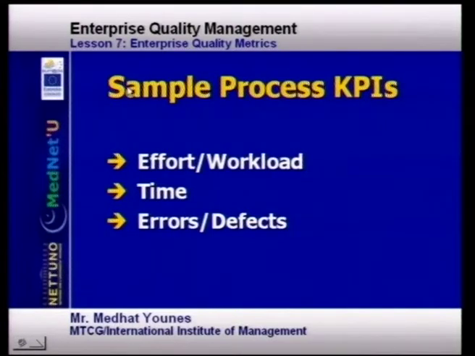Now, the third type of KPIs is the process KPIs. A sample of process KPIs, or key performance indicators, includes the efforts or workload. You will be measuring the reduced workload.